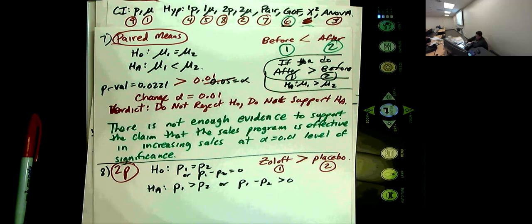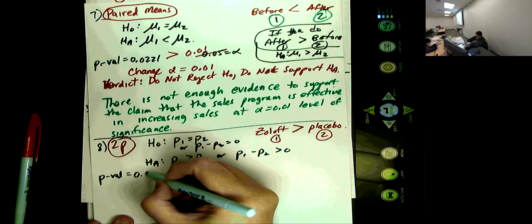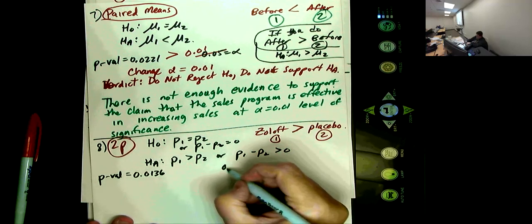It gives me a p-value of 0.0136 and an alpha of 0.05.